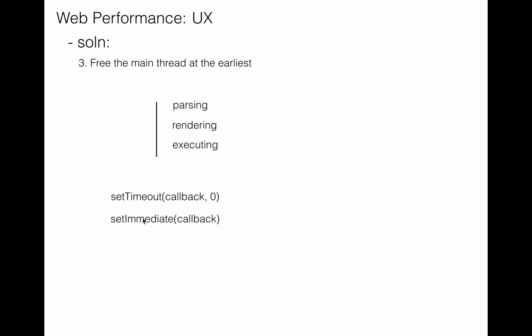Alternatively, you can also make use of web workers. When you make use of a web worker, you typically achieve concurrency by making use of a separate thread. That way your main thread is not interrupted or blocked, so that your parsing and rendering can be done, and in the background a separate web worker or thread can do the heavy lifting.